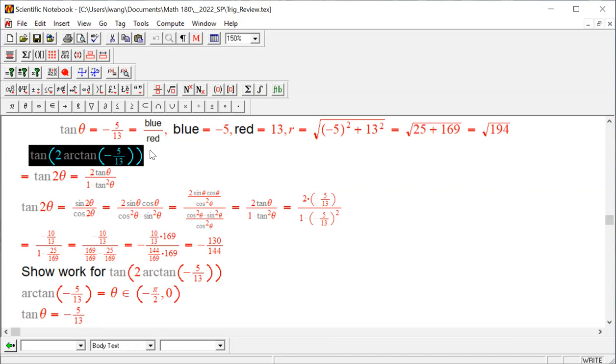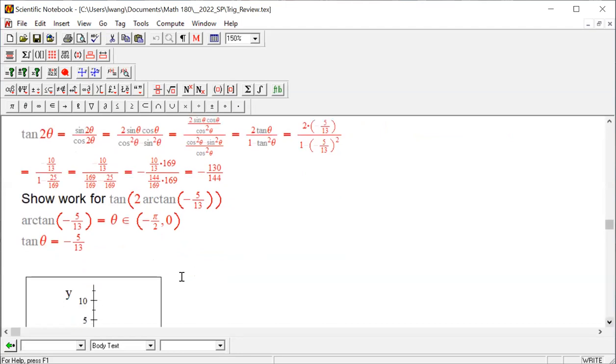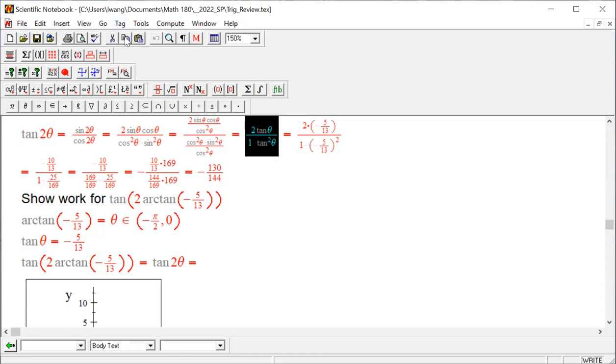For the rest of it, we just plug in. So that's going to be equal to tangent 2 times theta, and then you bring this formula into the picture.